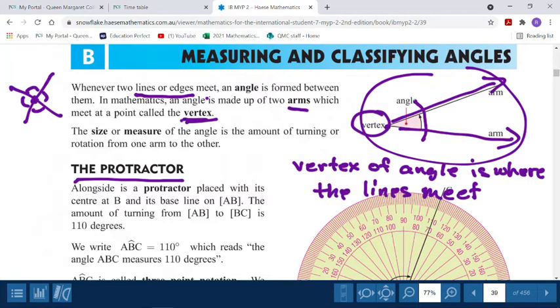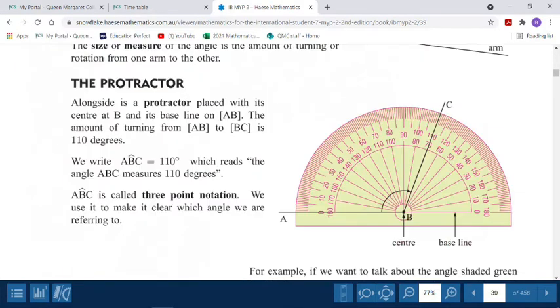So what we're going to do is learn a little bit about the protractor. Shh, guys. Now, to use a protractor, if you look at your protractor, in the middle on the bottom, there is a place where all of these lines meet. Now, it's not the bottom of the protractor.